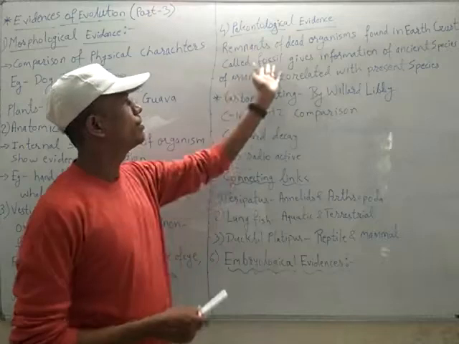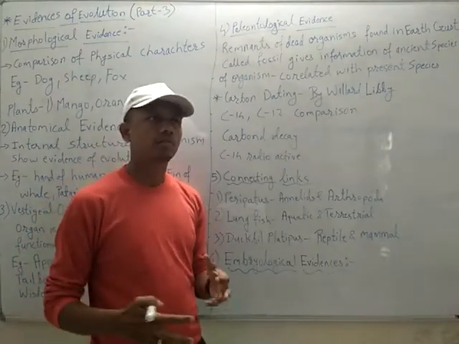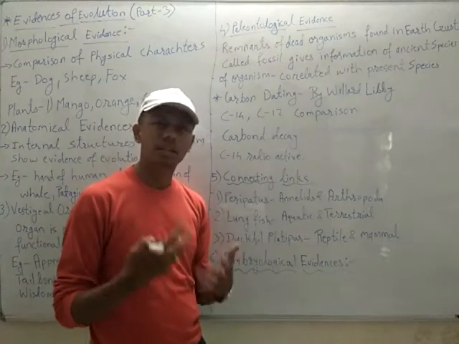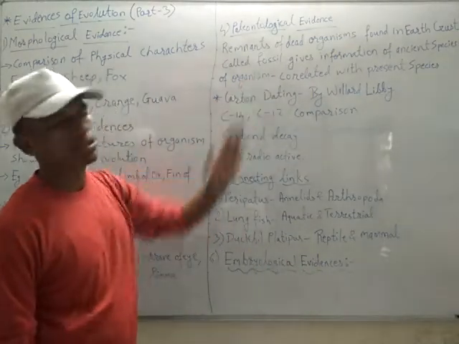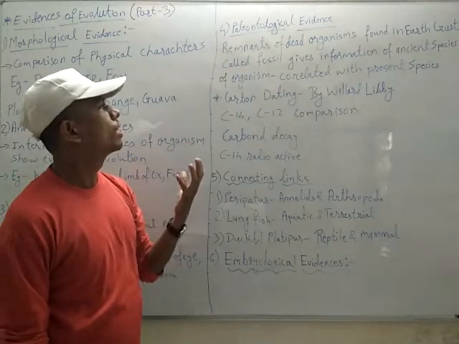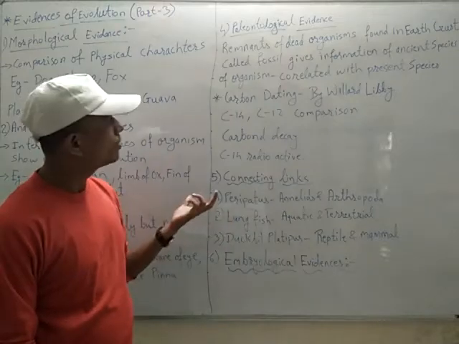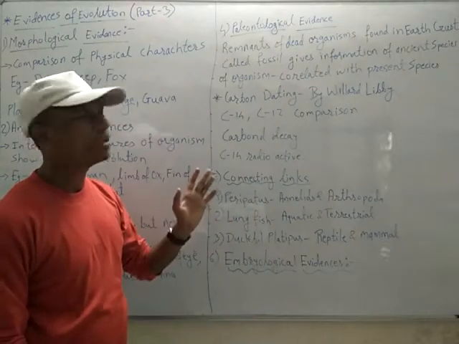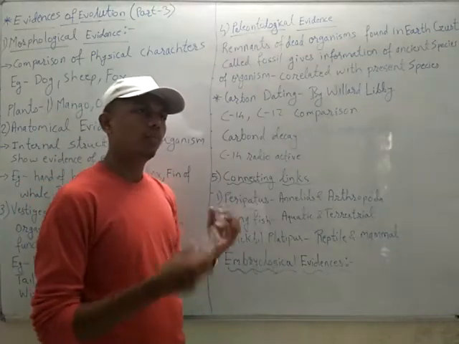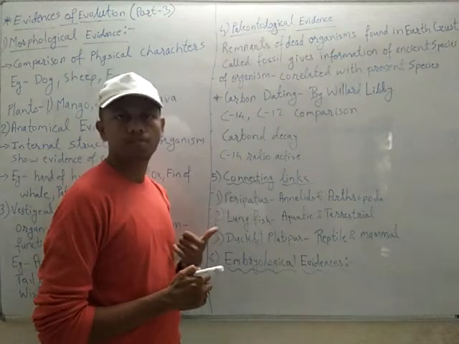Whenever we obtain a fossil from the ground, in the process of mining or any process of digging, we get the fossils. And what happens when we get a fossil? We can compare the remnants of that species of organism, and correlate that species with the present species, and we can identify what adaptations can be seen in such an organism.